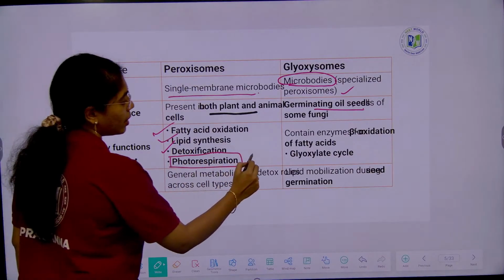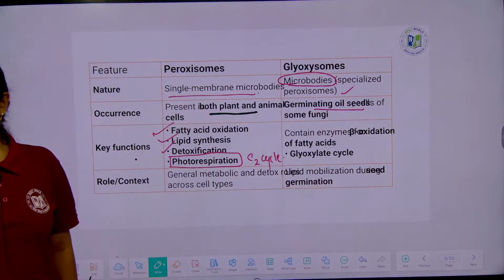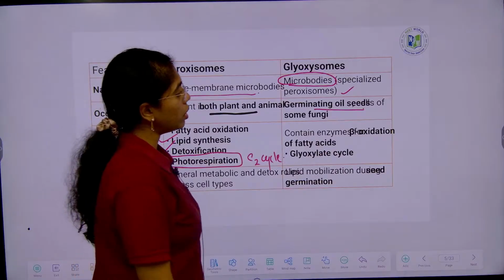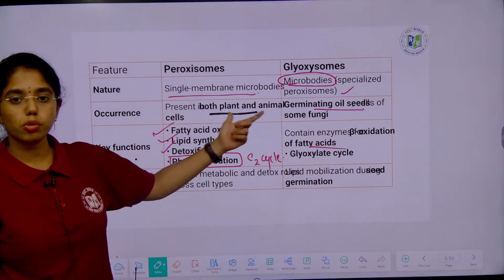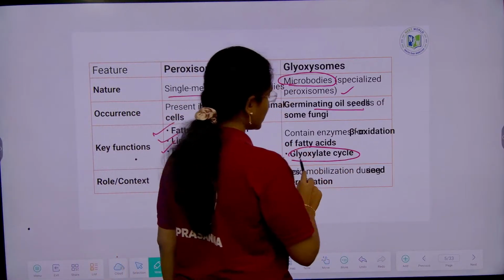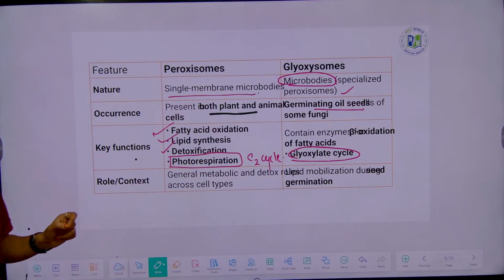You all know that the C2 cycle operates only in C3 plants. And functions of glyoxysomes include beta oxidation of fatty acids, a function common to peroxisomes and glyoxysomes. And next is what? Glyoxylate cycle, which takes place only in germinating seeds.